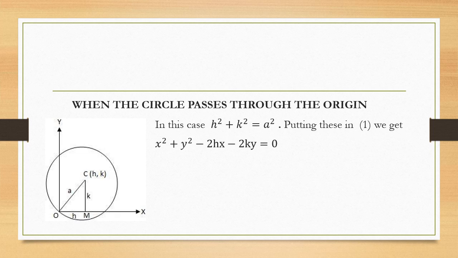We all know the Pythagoras theorem, so with this I can say h square plus k square equal to a square. Now if you substitute h square plus k square in place of a square in equation 1, which I showed you in my first slide, the equation after simplification becomes x square plus y square minus 2hx minus 2ky equal to 0.